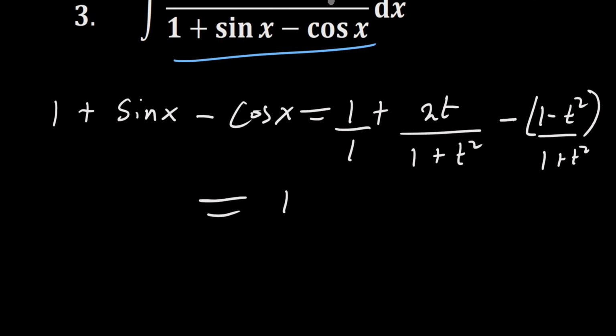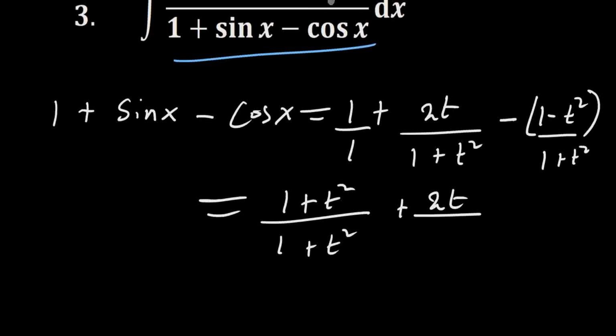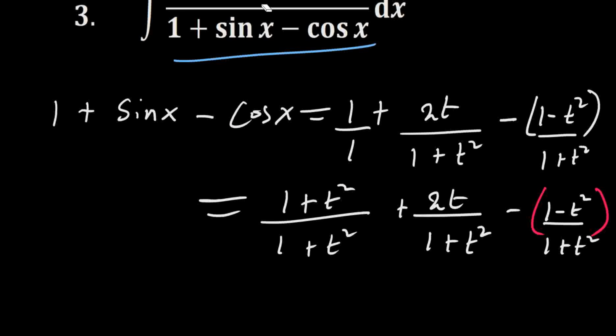So this will become 1 plus t squared over 1 plus t squared plus 2t over 1 plus t squared minus 1 minus t squared over 1 plus t squared. Like I said, just put the whole of the cosine in parentheses.